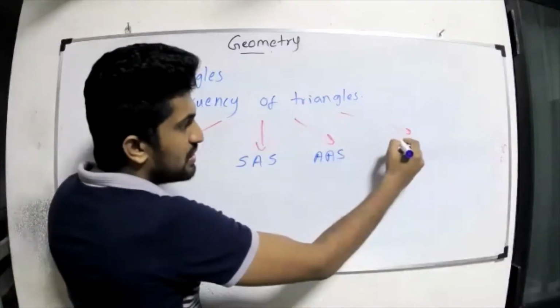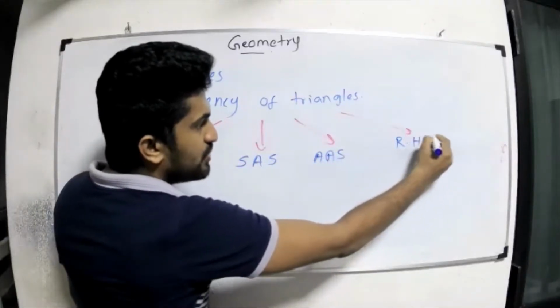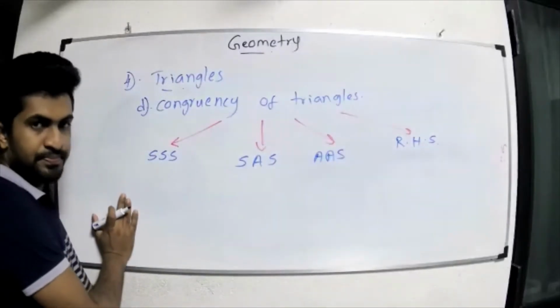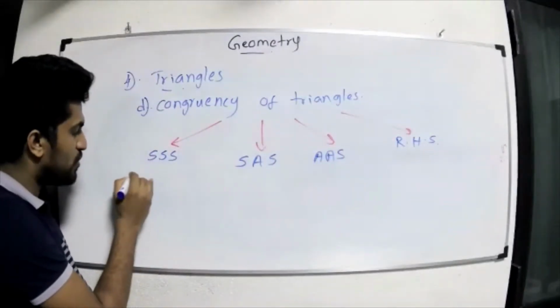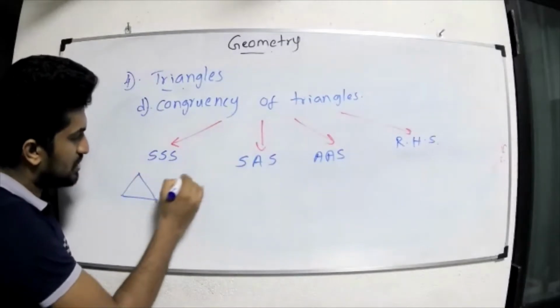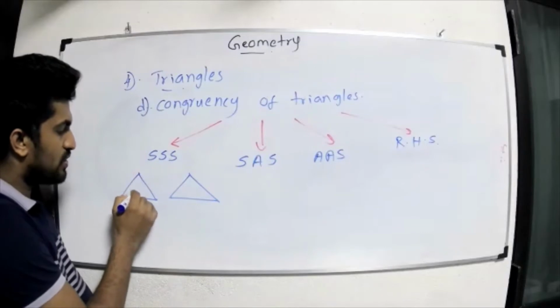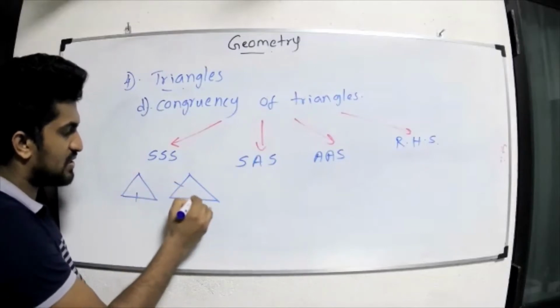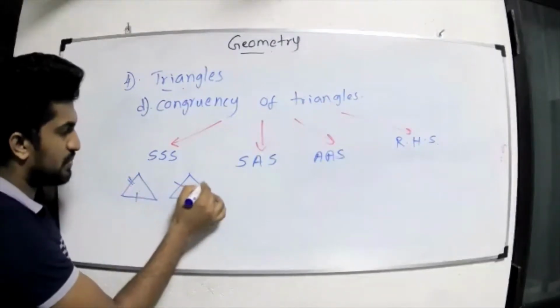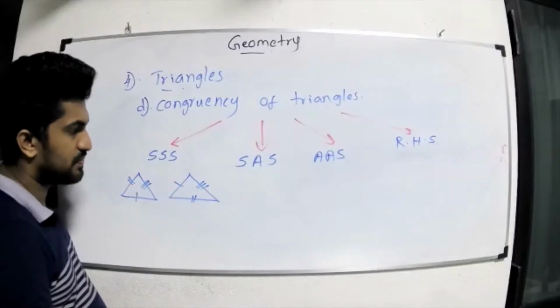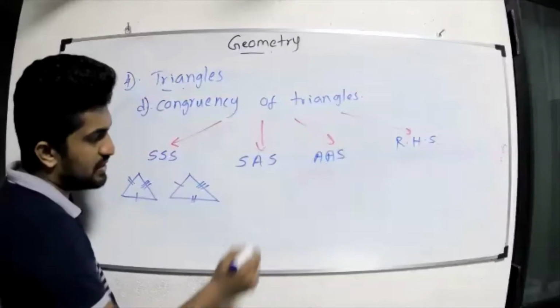Fourth one is right angle, hypotenuse, side. For SSS, you have to prove that in two triangles, 3 of their sides are equal. Next one, side angle side.